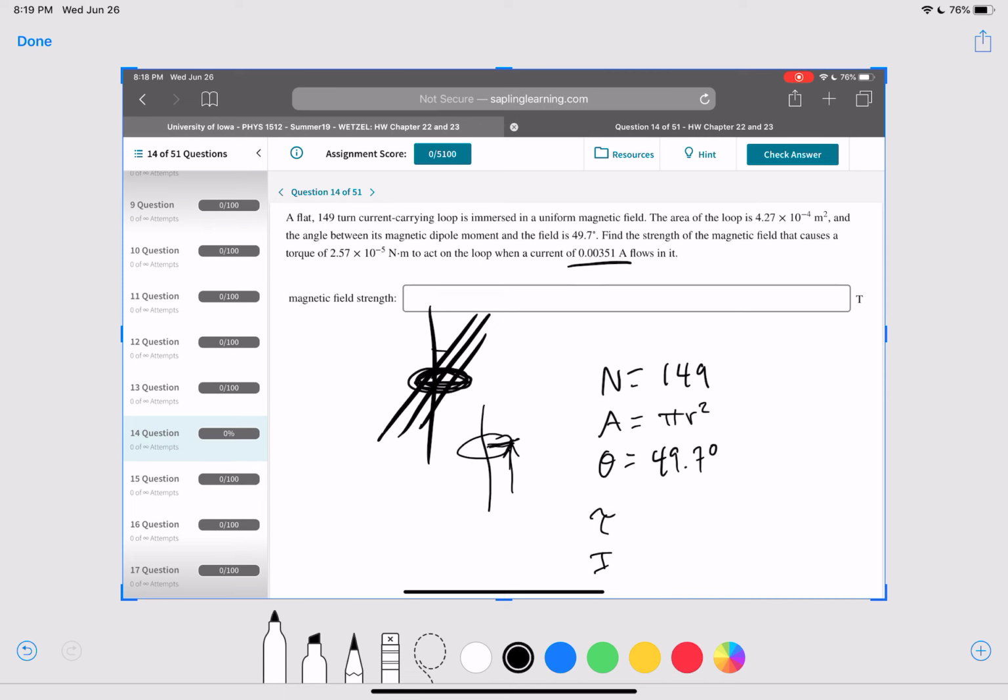So we need that distance to calculate our torque. Then you can solve for what B is in order to cause that torque. Same type of thing, force on a current carrying wire, except now we multiply by distance, L or R or width or whatever, in order to get our torque.